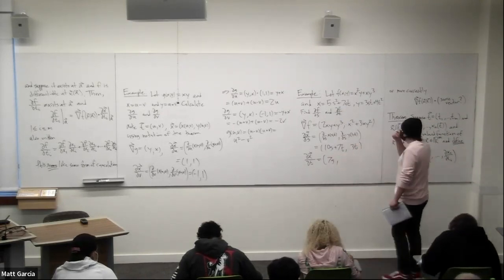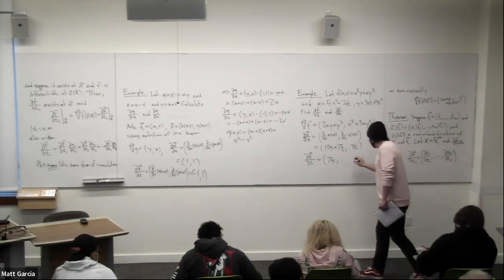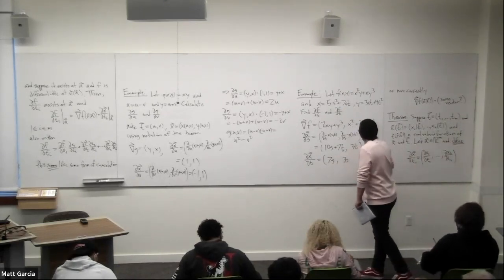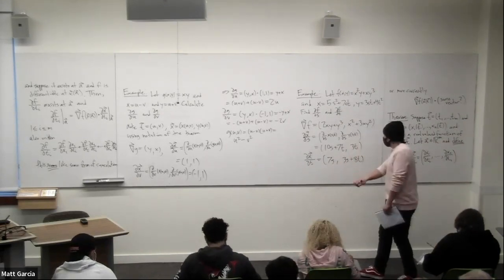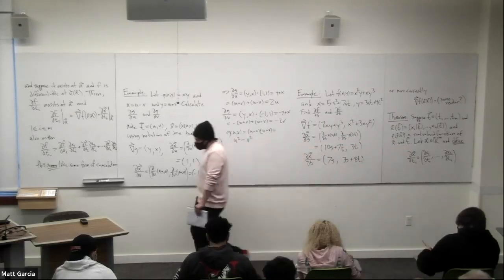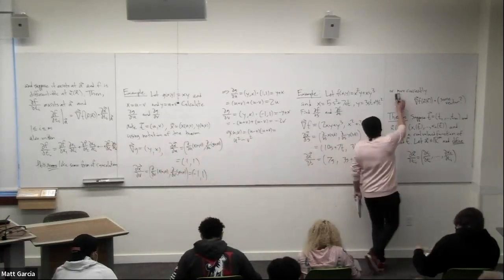And the partial derivative of y with respect to t is 3s plus 8t. Okay. Now all that's left is to take some dot products.